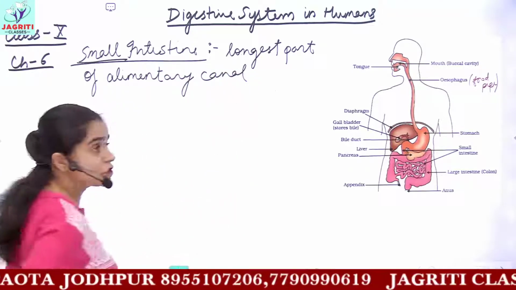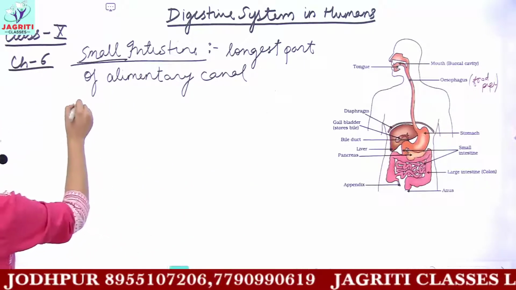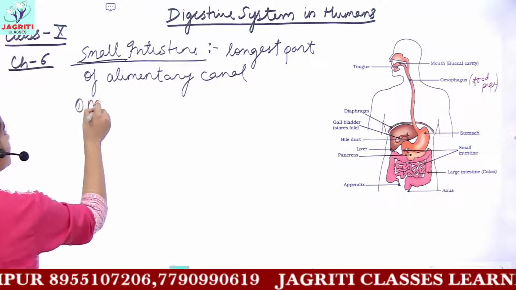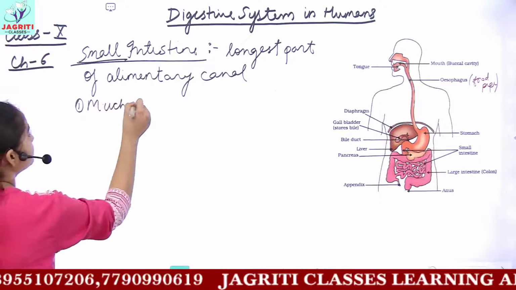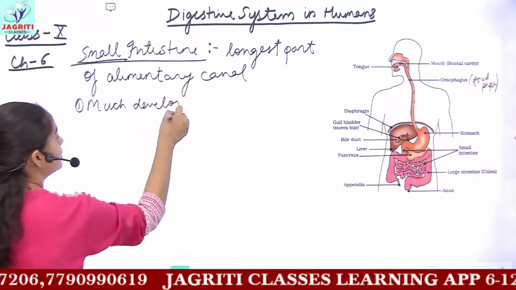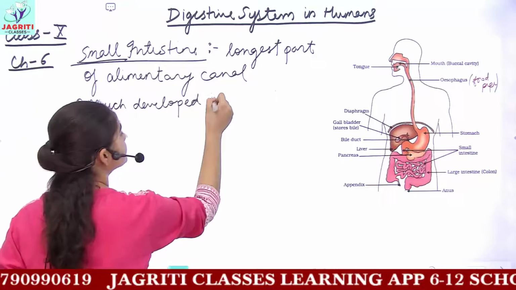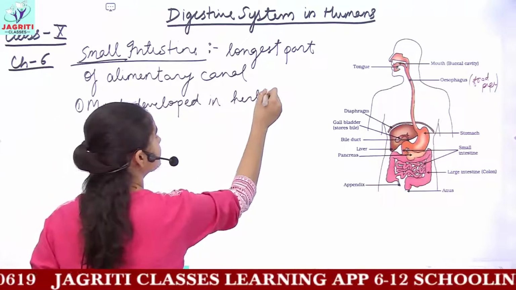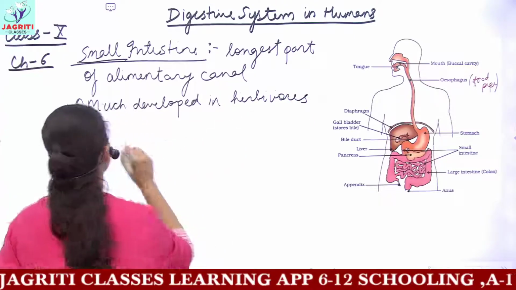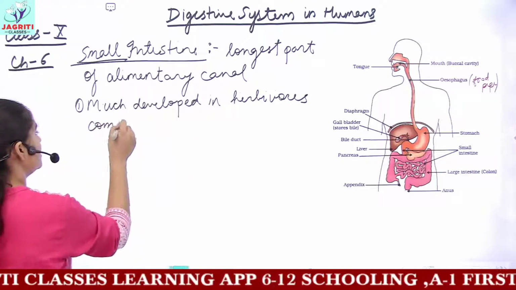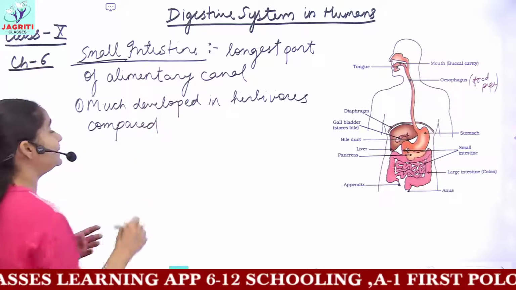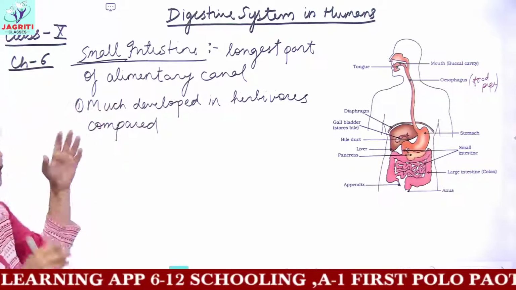Then the next feature of the small intestine is that it is much developed in herbivores as compared to carnivores.